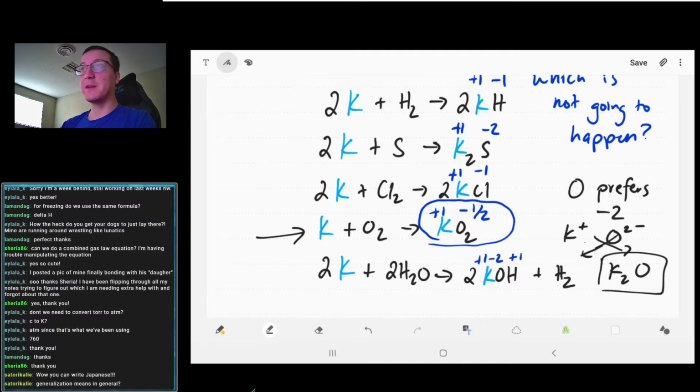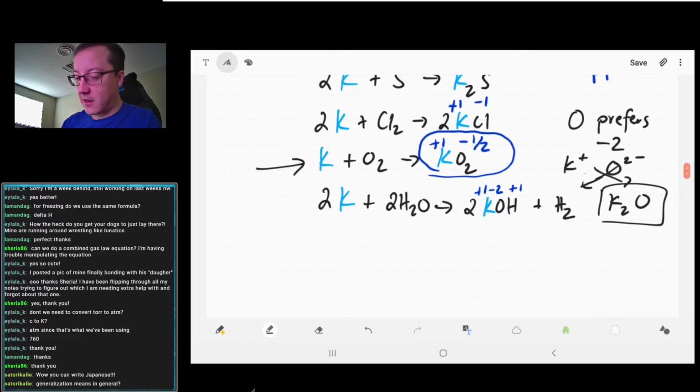Or if we use lithium instead, same thing. So with this problem, we're looking at which one is just generally not a good equation. Generalization just means potassium would act the same way.